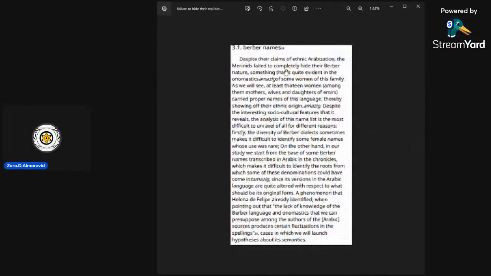Despite all of the claims, all the latter, they completely failed, which is quite evident in the names like Raqiya, Maymuna, Amina, and stuff like that. So we can see definitely the attempts of these guys to really Arabize and impose these things here.